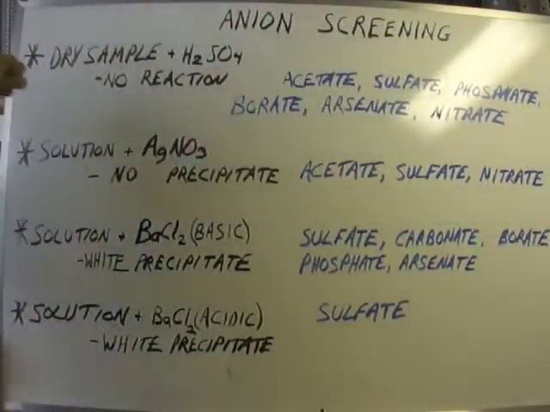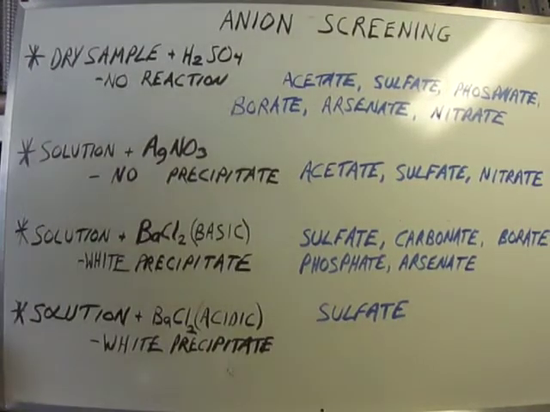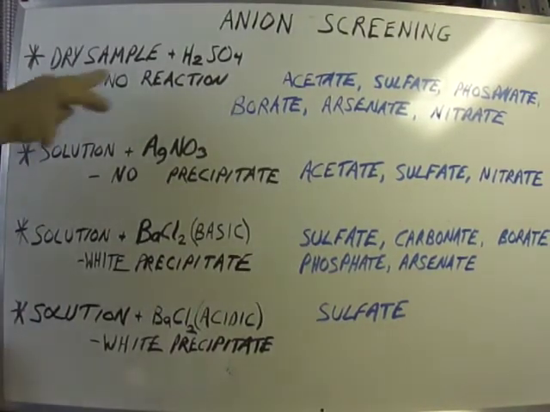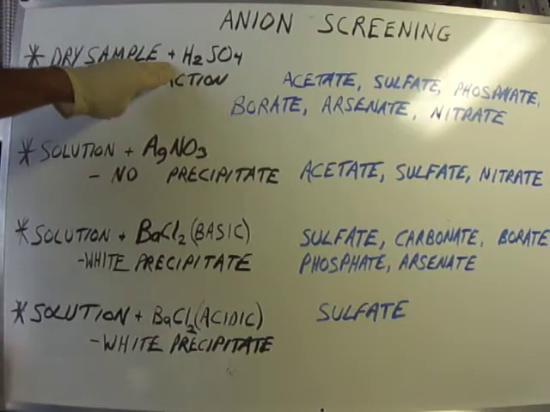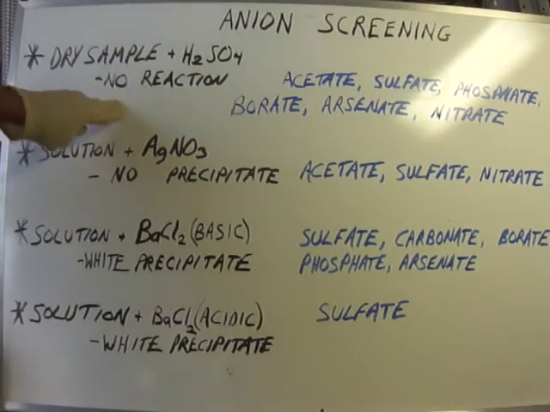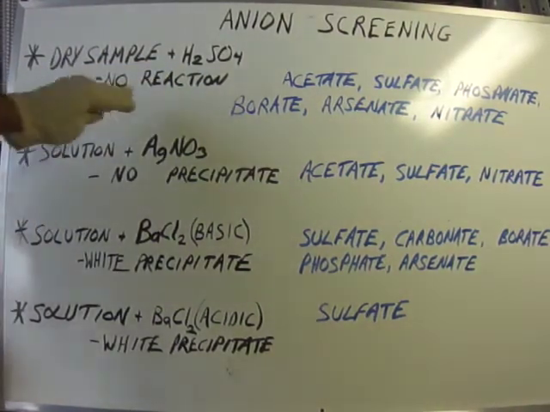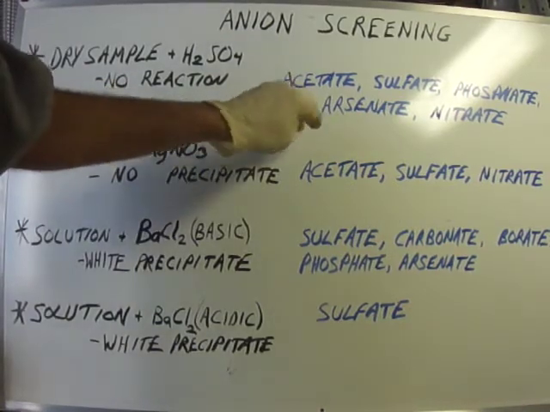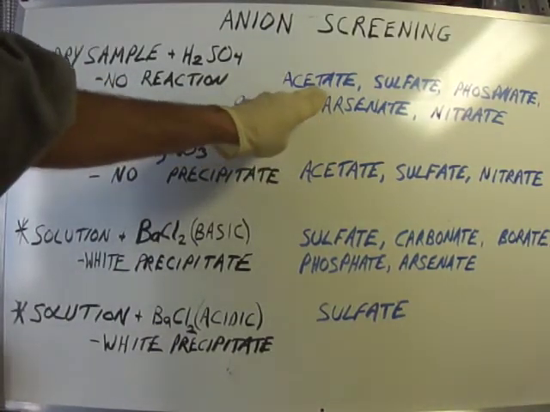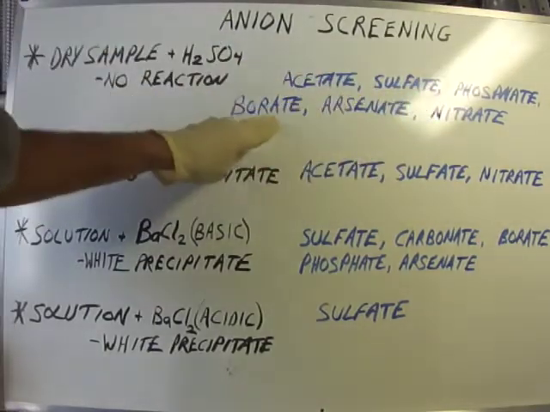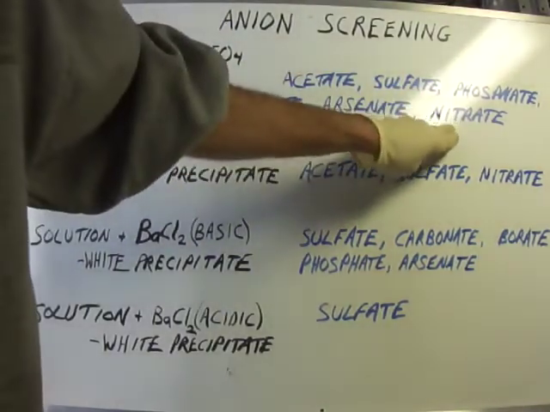Hopefully you can read this, but this is a summary of our anion screening. We started with the dry sample and concentrated sulfuric acid, and we didn't get a reaction. No gas was liberated, no effervescing. According to the book, that was either acetate, sulfate, phosphate, borate, arsenate, or nitrate.